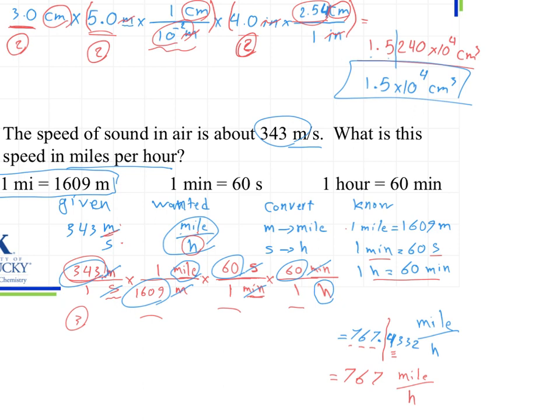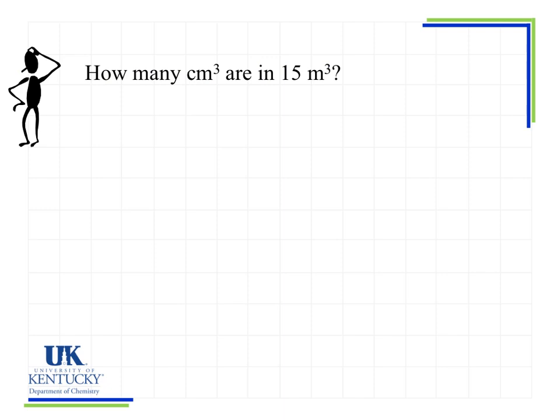Okay, so let's go to the next example. How many cubic centimeters are in 15 cubic meters? Okay, again, let's set up our chart. What is given, what is wanted, what do we need to convert, and what do we know about this conversion?